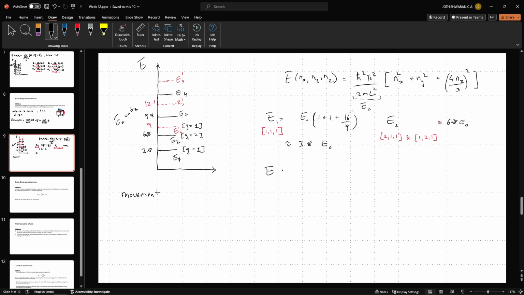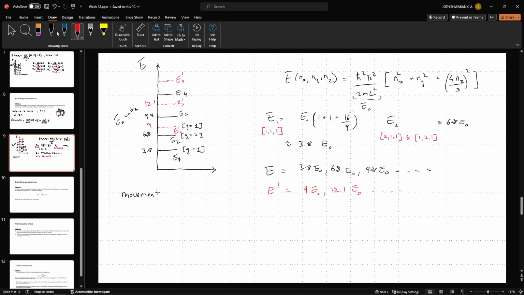So I will just say E is 3.8 E naught, 6.8 E naught, 9.8 E naught, so on and so forth. E prime is going to be 9 E naught, 12.1 E naught, and so on.